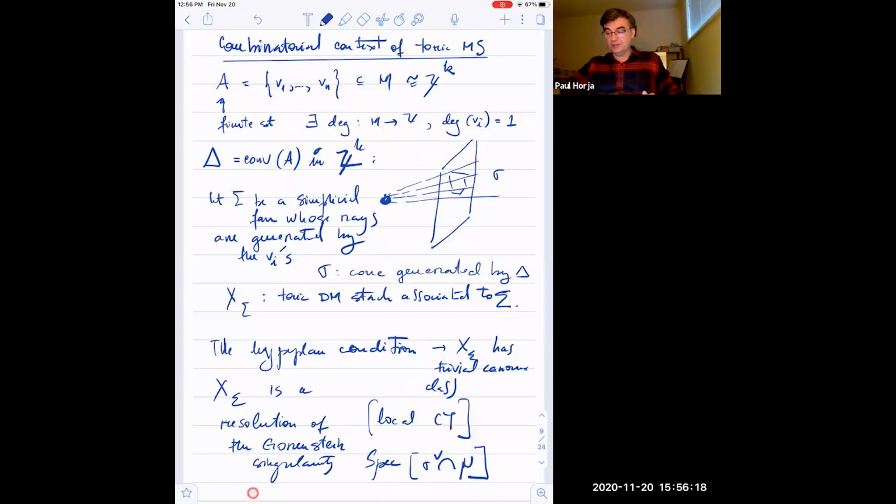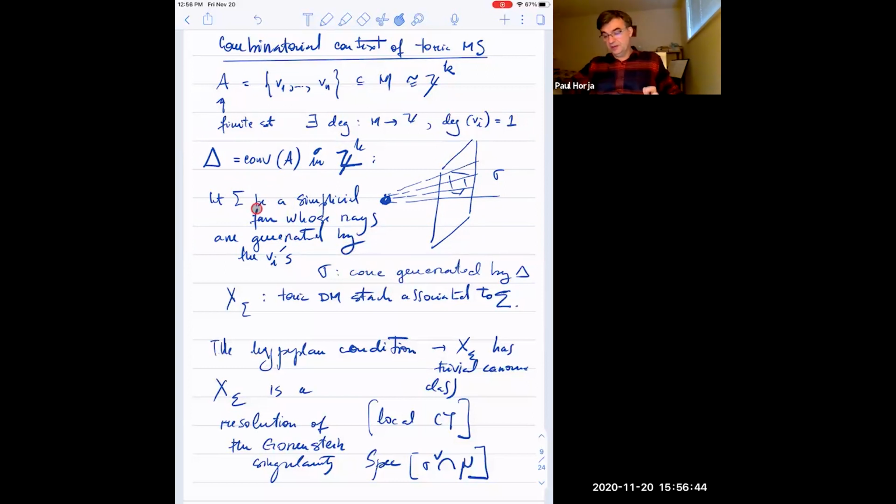So there's this hyperplane condition here. We call delta the convex hull of these vectors. And as before, if we want to talk about resolutions, we take sigma to be a simplicial fan whose rays are generated by vectors in the v_i's and whose support is the cone generated by this polytope.